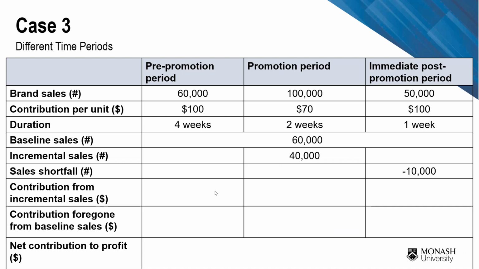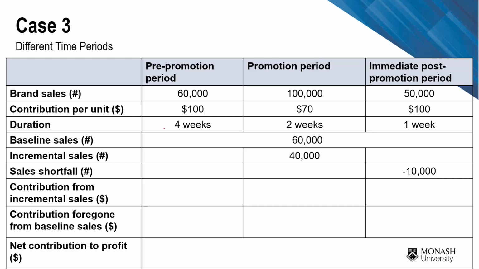Okay, so again, we're going to work it out from the table point of view. It's going to be the same one. So 60K, 100K, and there's a dip to 50K. The contribution per unit becomes 100, 70, and 100. If you don't know how to get this, look up case number 2 and case number 1.